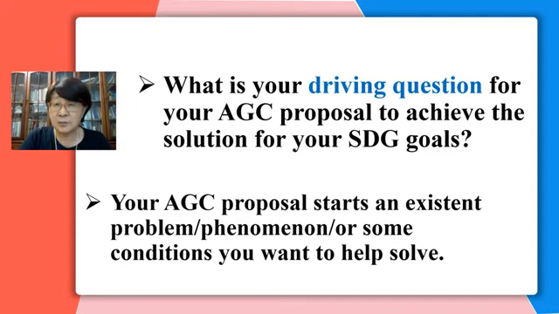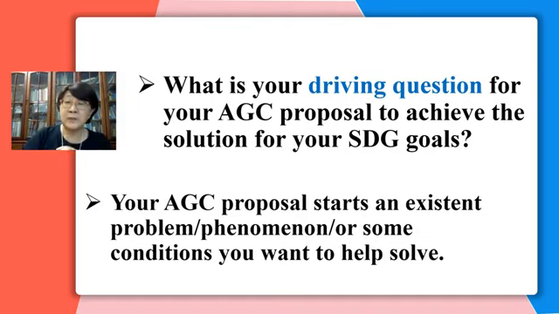Your agency proposal starts from an existing problem, phenomenon, or some condition you really want to help solve. Maybe you cannot solve the problem 100%. However, a good start will help you and also inspire people around you to pay attention to the question, the challenge, and the phenomena you really want to solve.